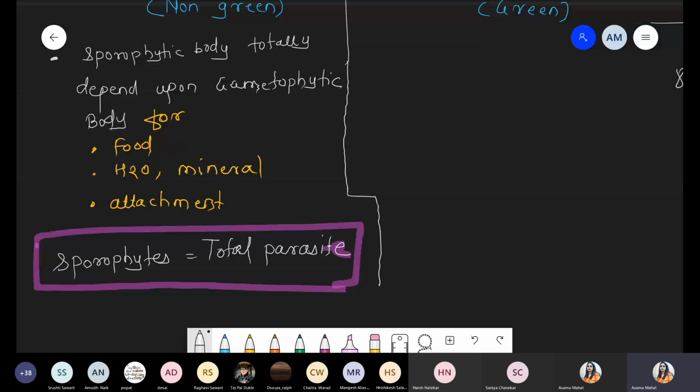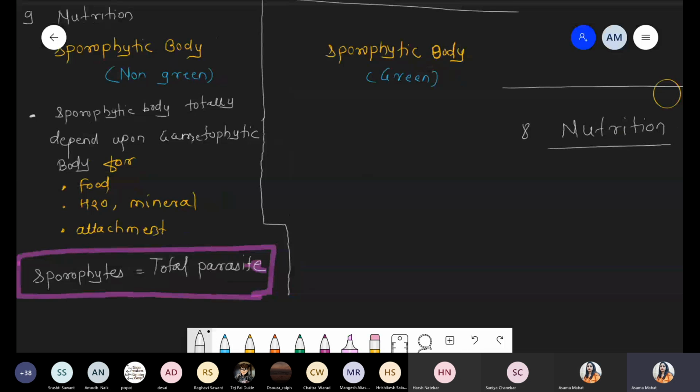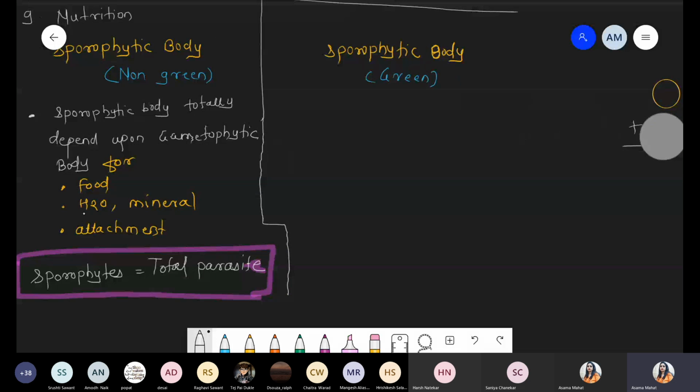But when you compare this point with respect to mosses, we discuss one point here. Mosses are green in color. Green color means they are capable of photosynthesis. It means they depend only for water, mineral and attachment.